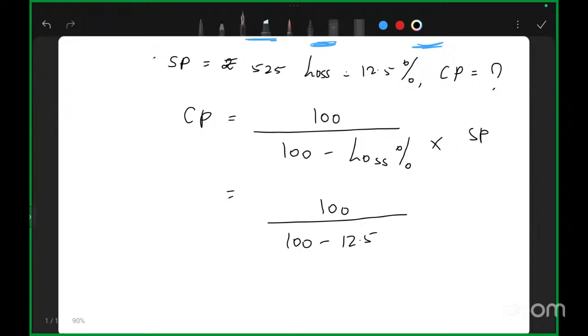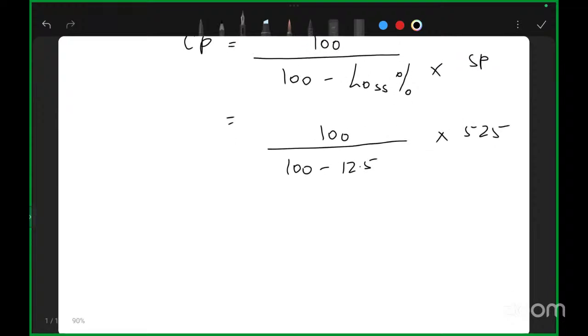100 minus 12.5, how much will you get, into 525? So how much will you get? 87.5. Okay, 100 upon 87.5 into 525.